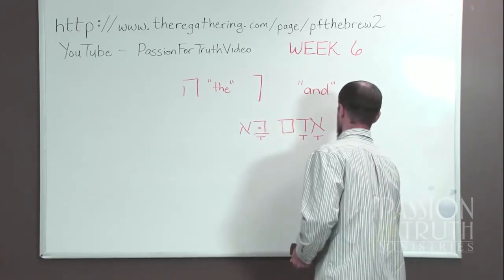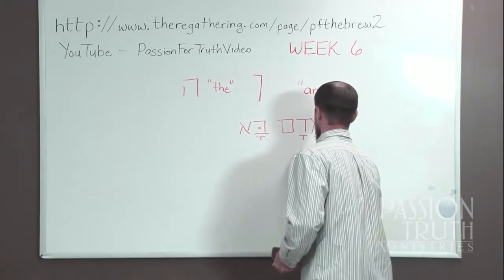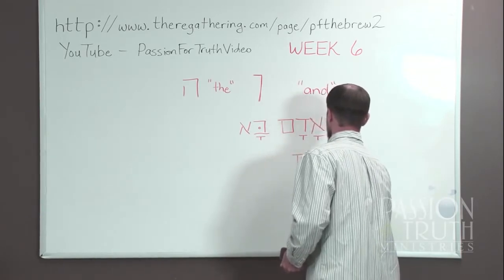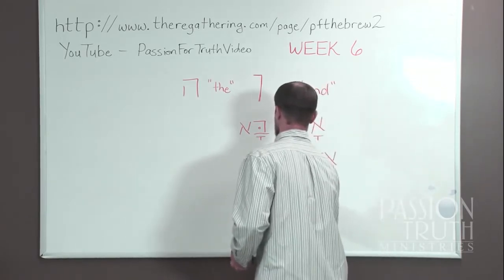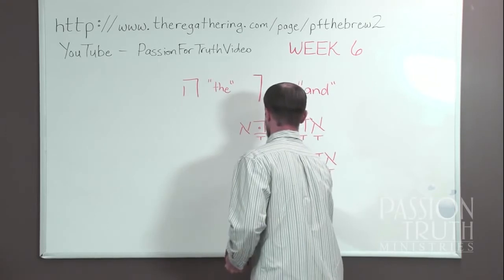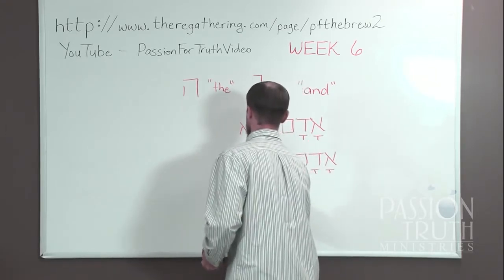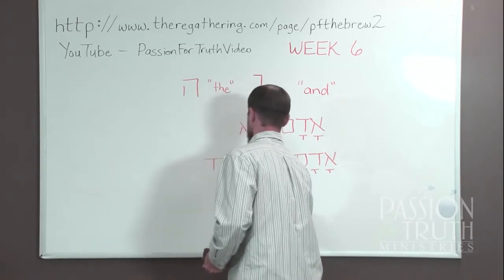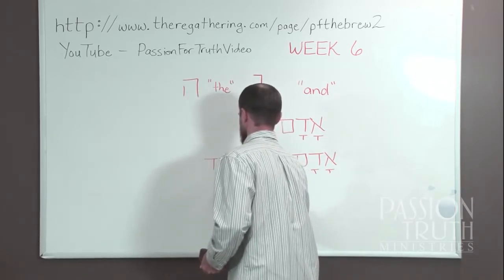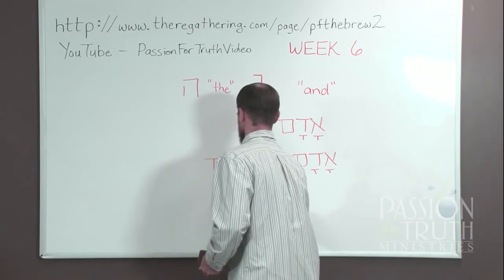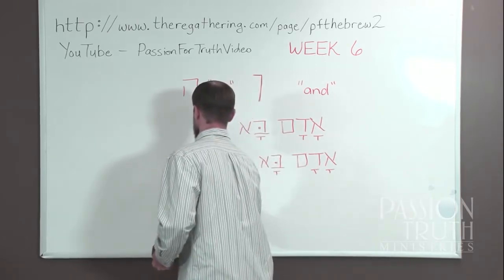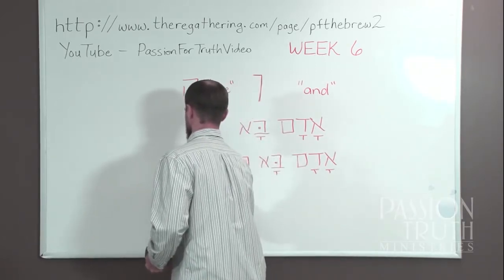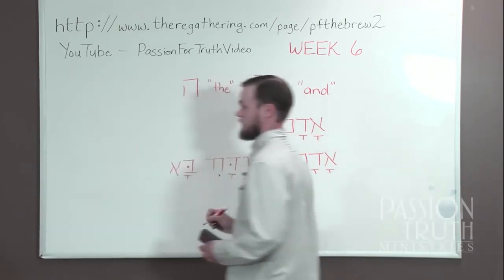We could say Adam ba, Adam is coming, and David v'David ba. Okay, so we could say Adam is coming and David is coming.